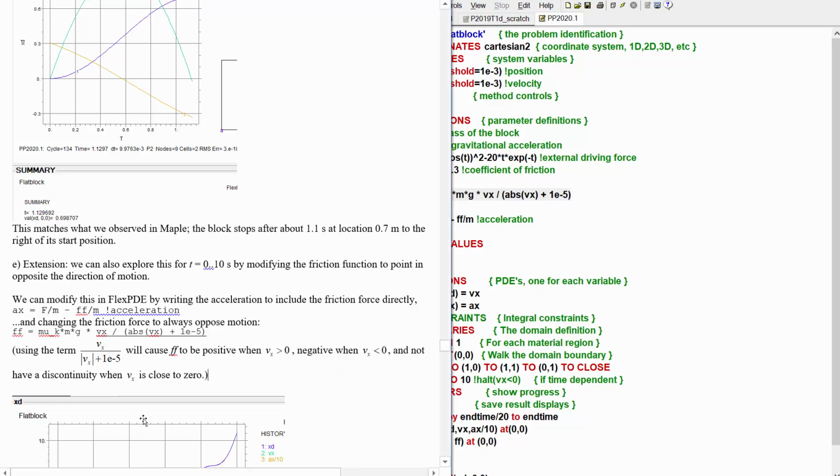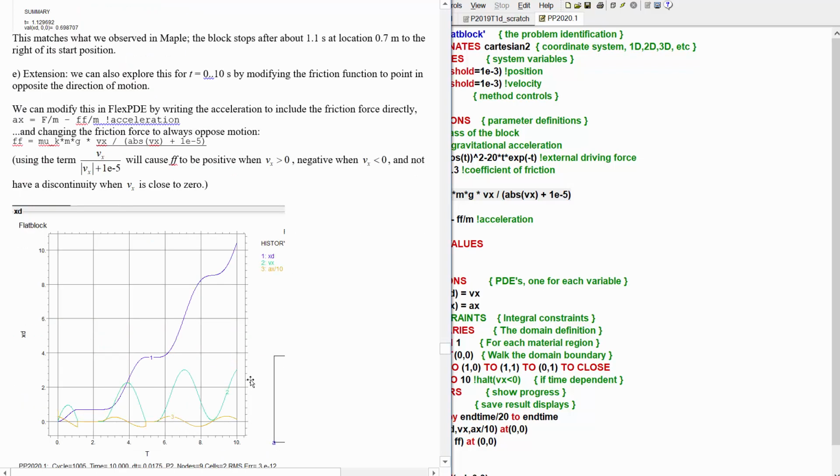Right, so let's just check. The denominator is always positive, so this is true about the sign. It's going to have the same sign as Vx, and it's not going to explode because of the 1e minus 5 thing.